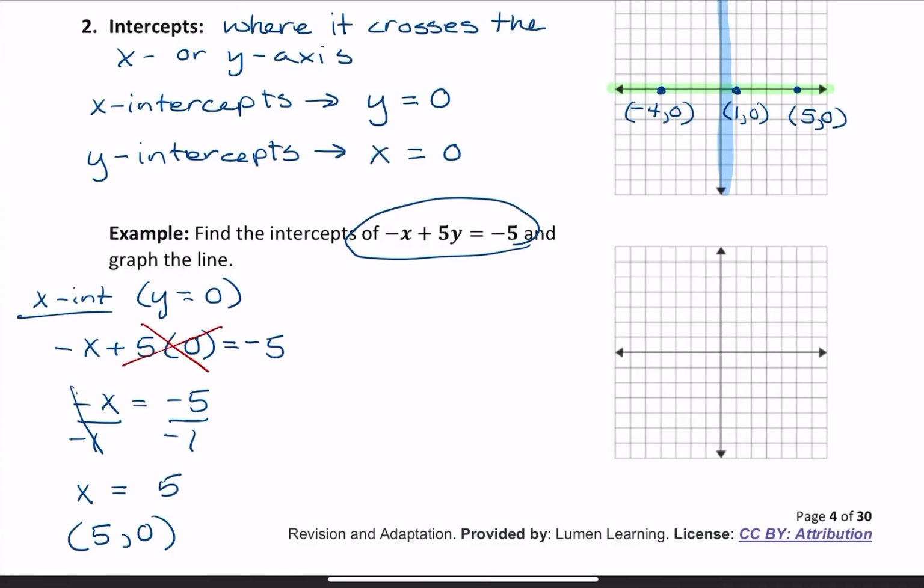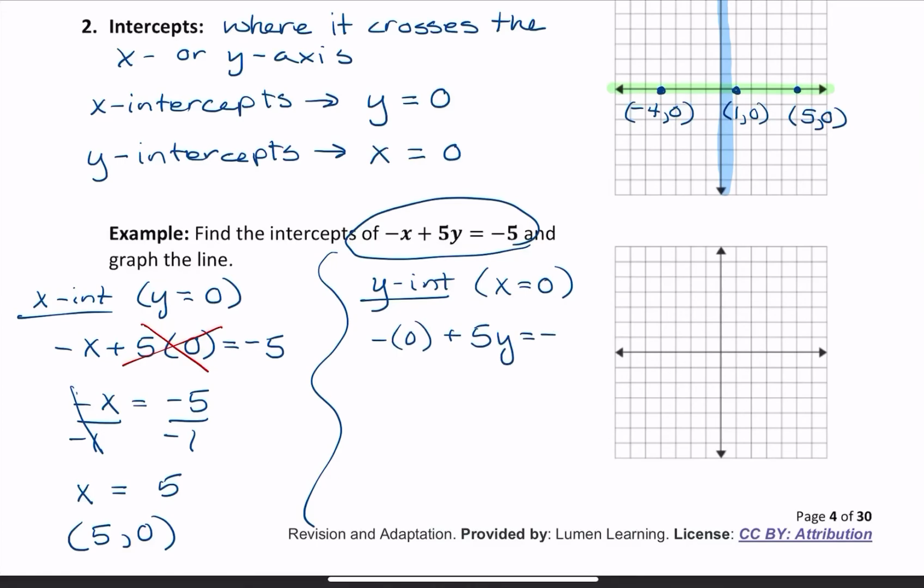Now my y-intercept, instead of setting y equal to 0, we're going to set x equal to 0. So I've got negative 0 plus 5y equals negative 5. And again, anything with an x is going to go to 0, which leaves me with 5y equals negative 5.